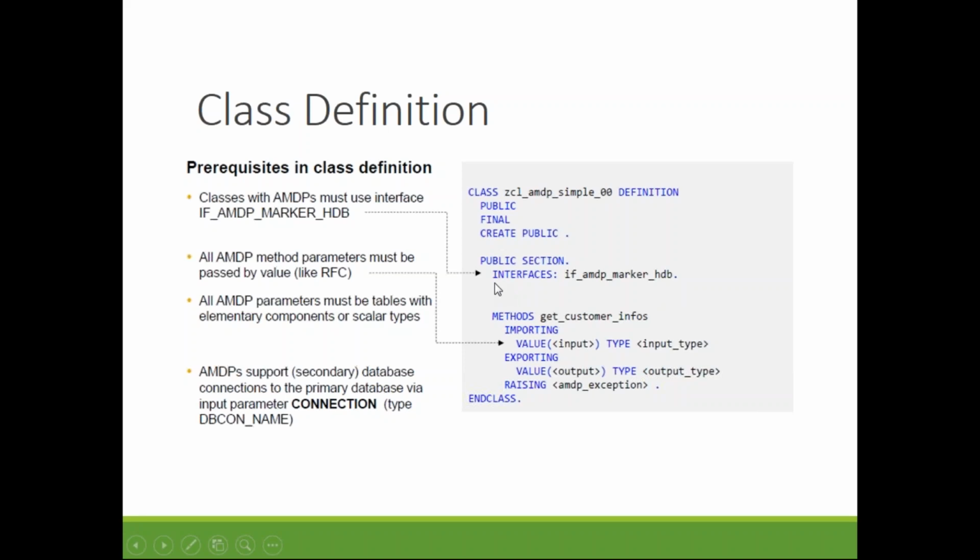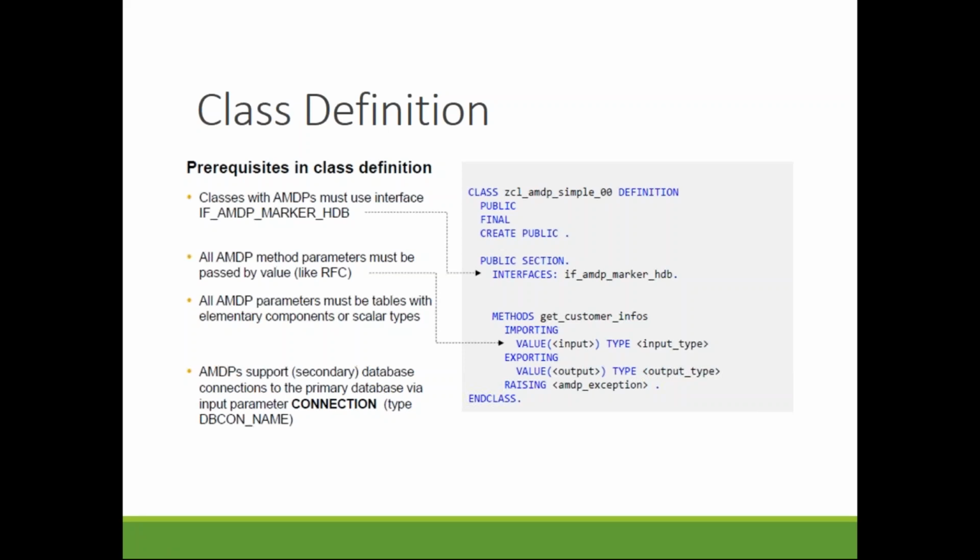Like if you want to do an ALV report, the type pool SLIS is required; in a C program you include stdio.h. Here this interface is compulsory. Without this interface we cannot create an AMDP class.